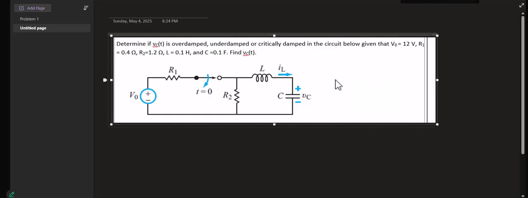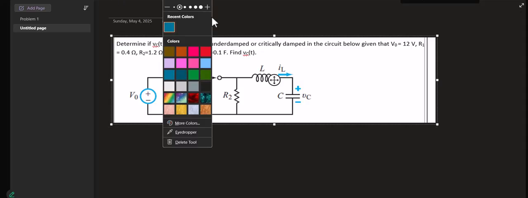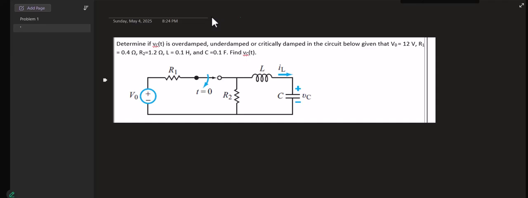So the first thing we have to do is to figure out what kind of circuit we have. We want to look at what it's going to look like after we open the switch. After we open the switch, what kind of circuit are we going to have, parallel or series?